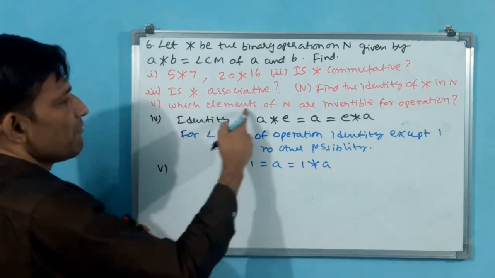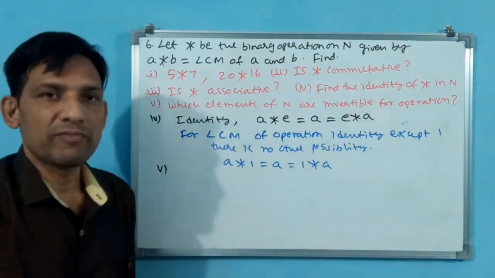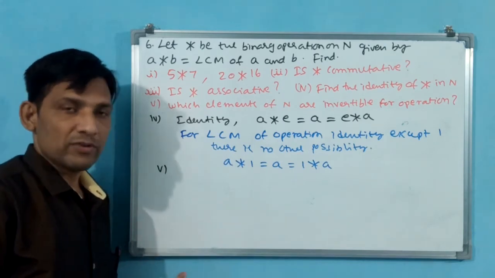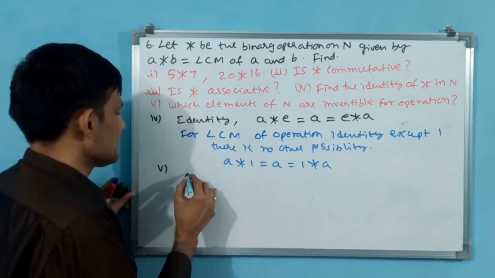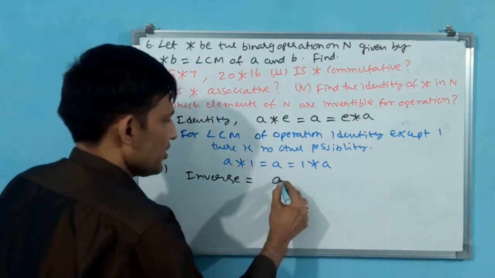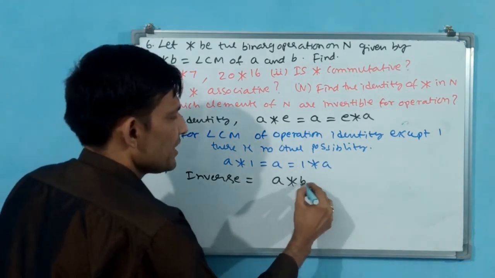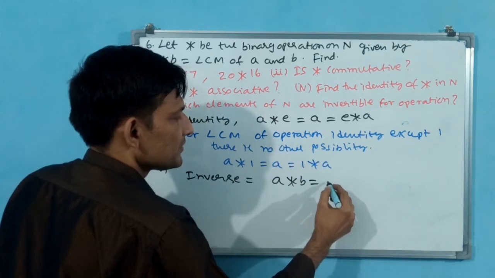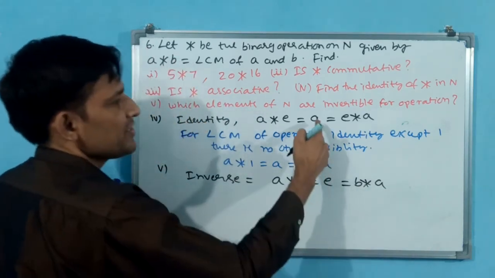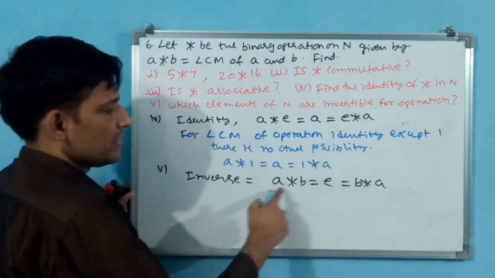You see, which elements of N are invertible for the operation? See, we have seen identity. Now inverse also we have seen earlier. What was the inverse? A star B should equal E, that equals B star A. Here A will come, and E will come in between.